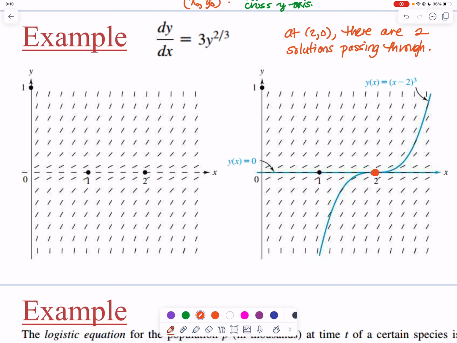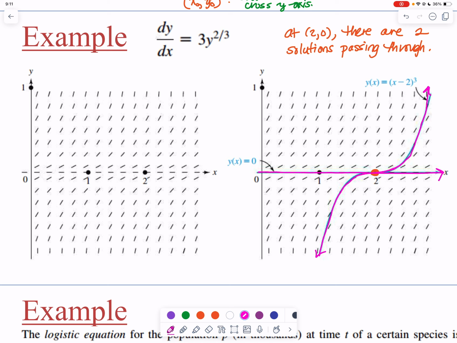We can go ahead and view the flow of the slope marks in the direction field to find that one, and we can easily navigate this solution. But again, we do not have the uniqueness for one solution passing through every point.